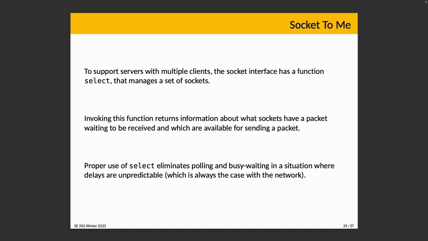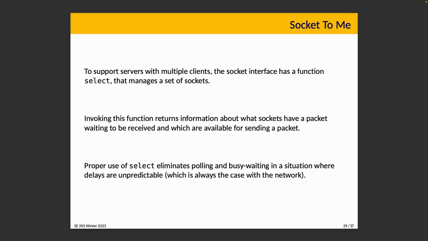And we didn't cover it in this course, but it should be in a concurrency course that you take. The socket interface has a function select, and there's also poll and epoll and other similar things that allow you to manage a group of sockets and work with them asynchronously. And invoking select correctly, as annoying and frustrating as it is, allows for some asynchronous I/O.